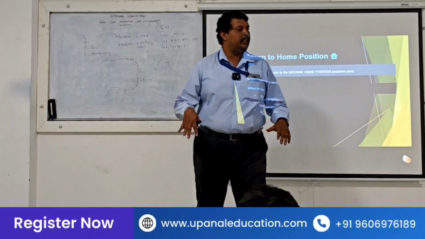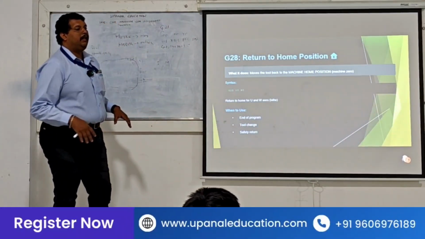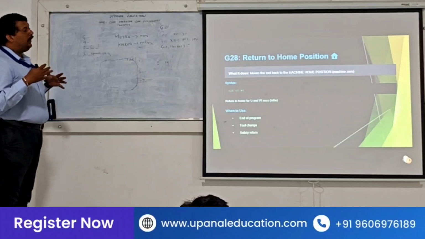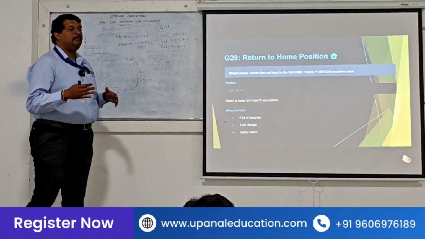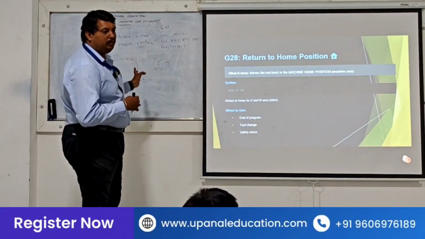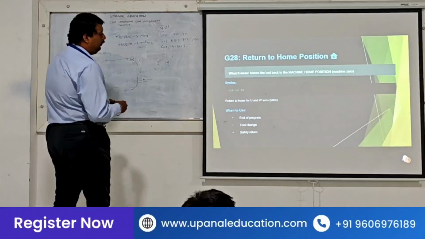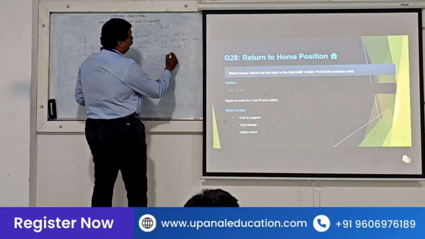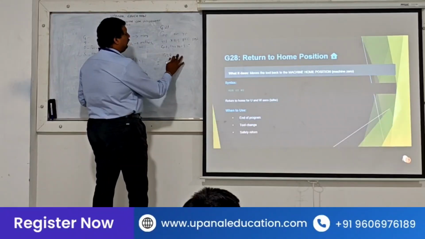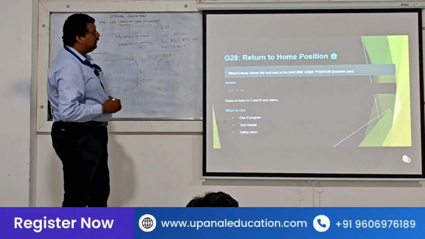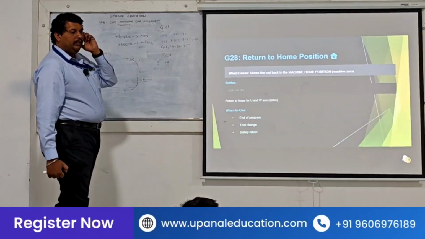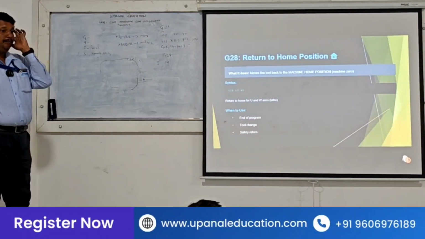So the machine will automatically go back to its zero position. When we want the tools to go back to the machine home position, in the end we give G28. We won't be giving anything else, just G28 is enough.